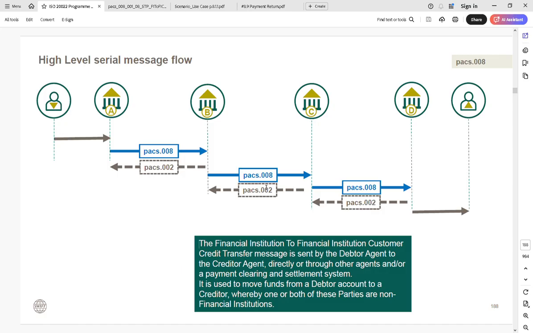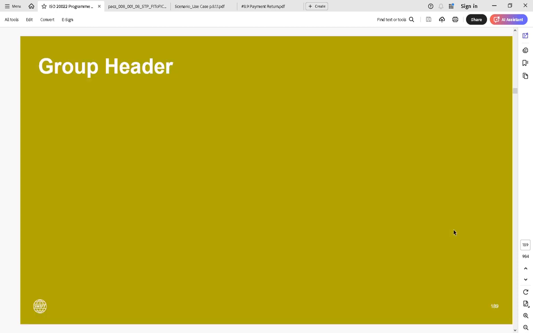What the functions of the status message are, we are going to see in a separate session on PACS2 messages. But a PACS2 message is getting generated on each one. That's a kind of status message. The financial institution to institution customer agent is used to move the funds from the debtor account to the creditor, as we have discussed just now.